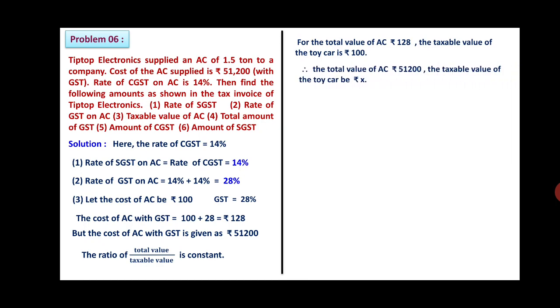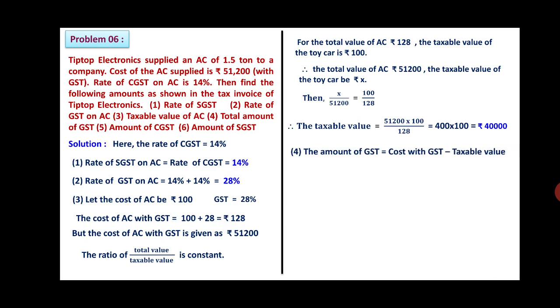Therefore, for the total value of AC rupees 51,200, the taxable value of this AC will become X. So friends, X upon 51,200 is equal to 100 upon 128. So now we will calculate taxable value will be 51,200 into 100 upon 128. Therefore, 400 into 100, that is 40,000.